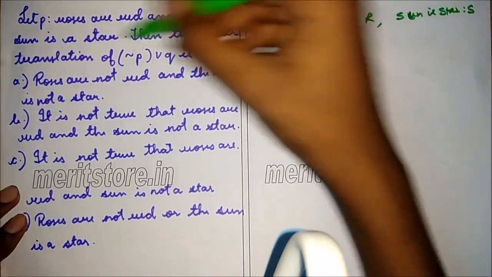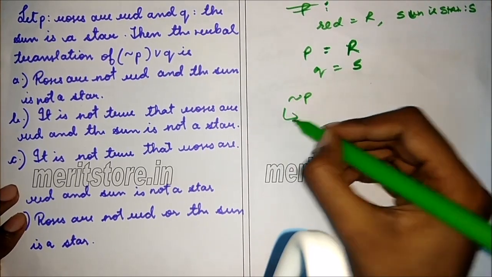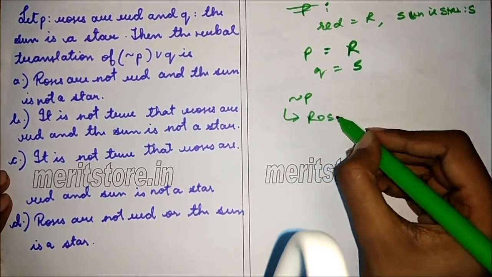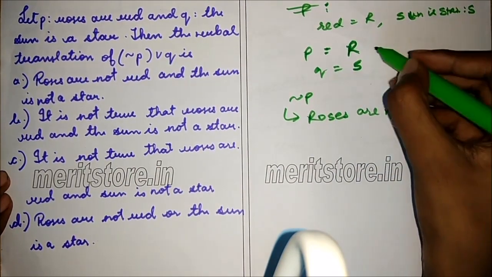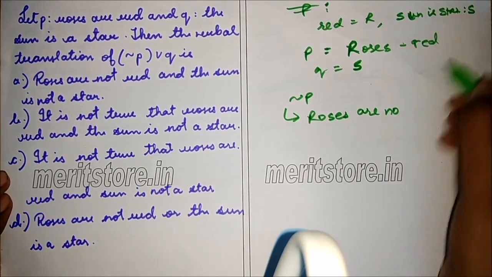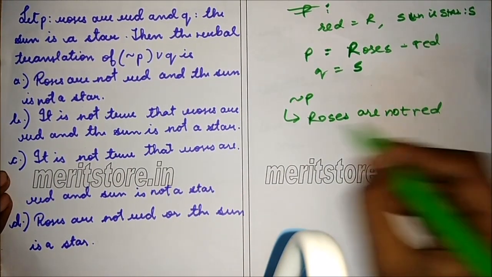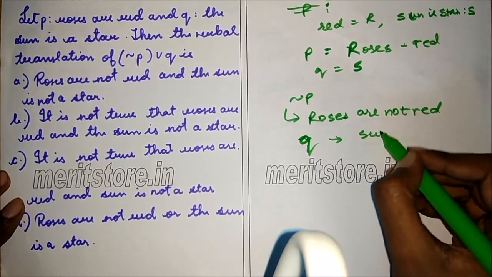So the verbal translation will be, negation of P will be roses are not red. And Q will be as it is, that is sun is a star.